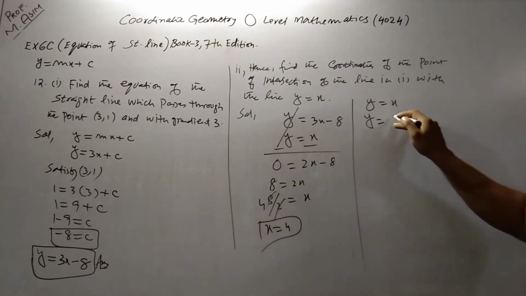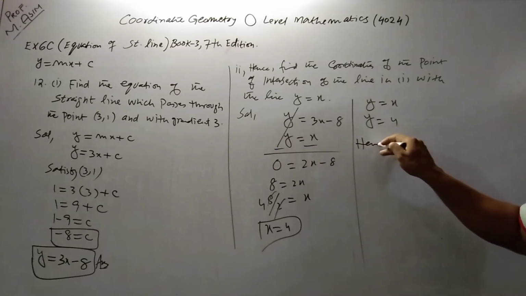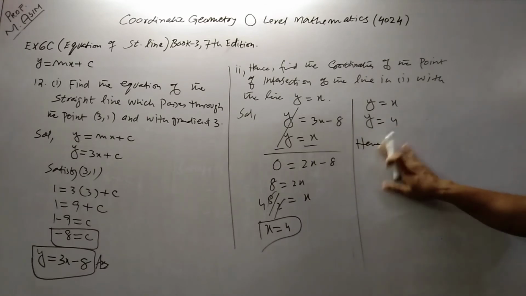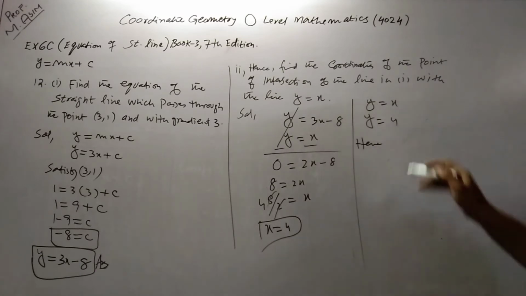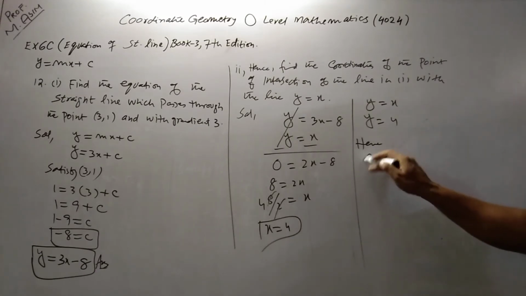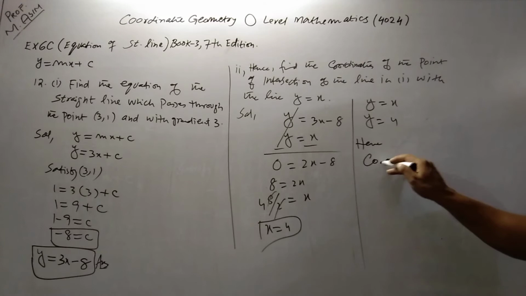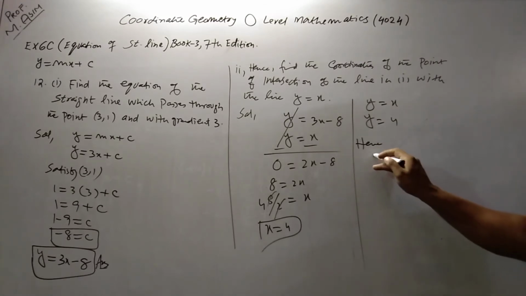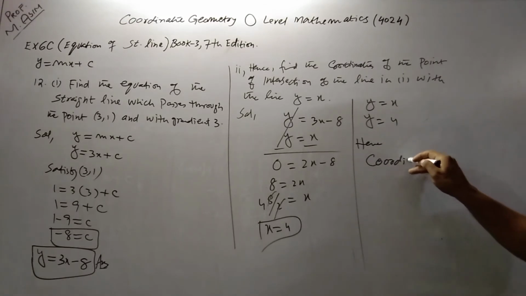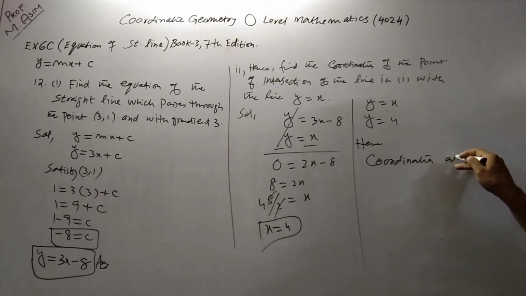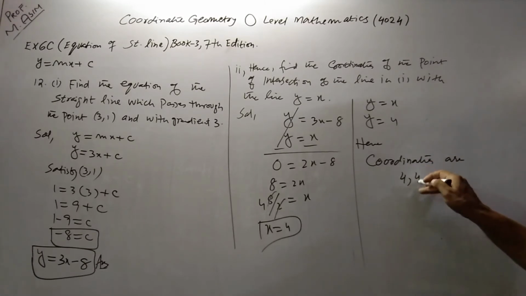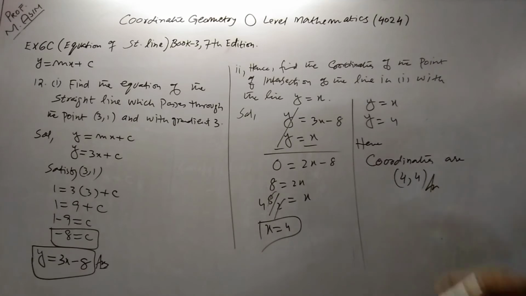What is the value of x? It is 4. Hence, the coordinates of the point of intersection are (4, 4). This is the final answer. Hope you understand question number 12. See another question, question number 13.